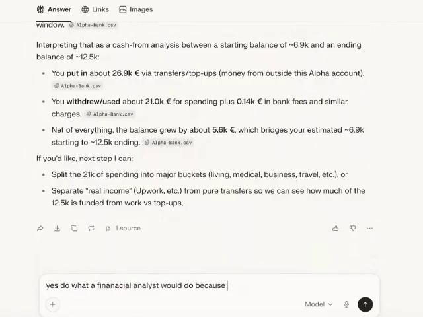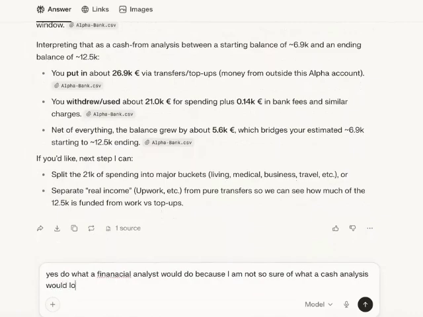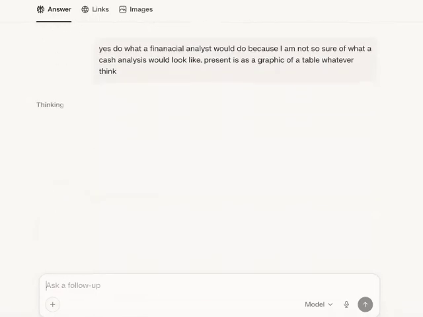Because I'm not so sure what a cash flow analysis would look like. Present it as a graphic or as a table, whatever you think. See what it does.